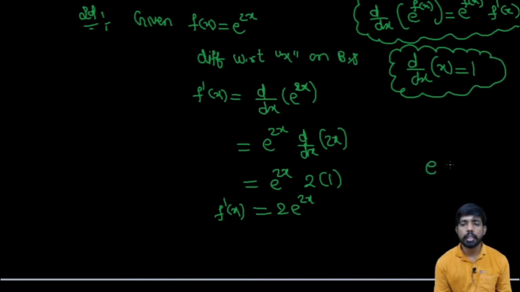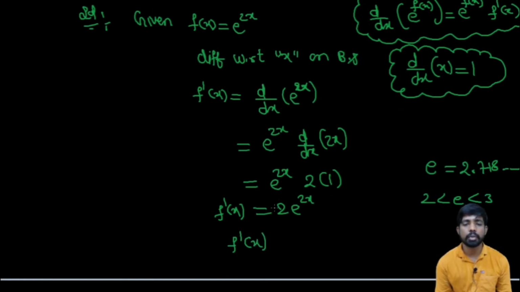In general, the value of e is 2.718 and so on, which lies between 2 and 3, and e to any power is always positive. If I multiply 2 by e, it becomes 4 point something. Even if x is negative and the value decreases, e to the power of 2x still ends up positive.